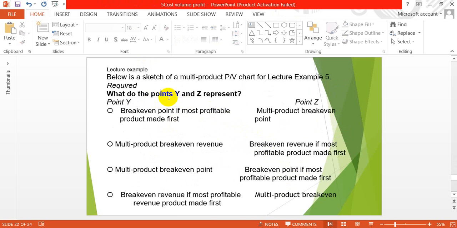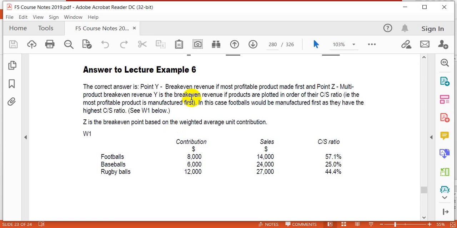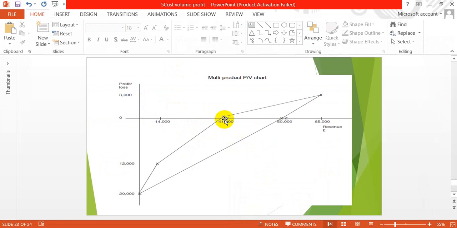So what do the points Y and Z represent? So Y is here and Z is there. So what do these points represent? So point Z, point Y, which is that one there.